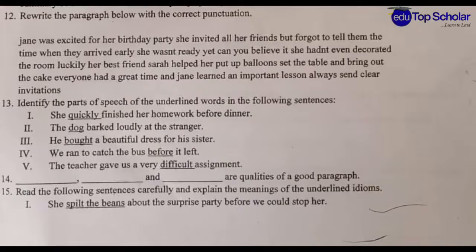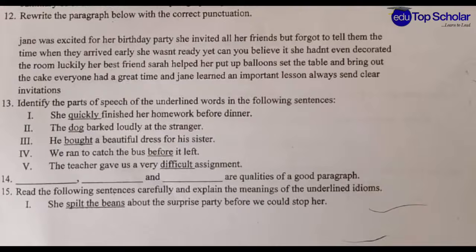For example, this question now, look at how they started it. Jane is supposed to start with a capital letter. Apart from being a proper noun, it's also the first word of that sentence. Then, as you read on, Jane was excited for her birthday party. After party, we have a full stop.